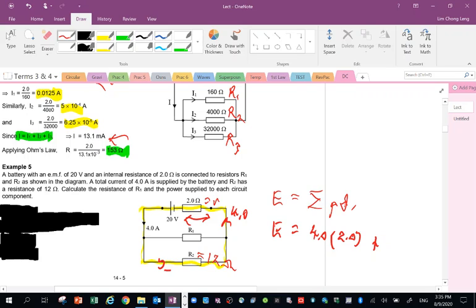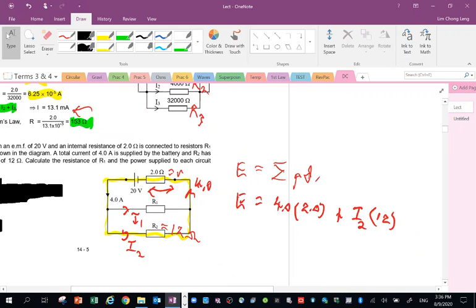This I call I2, and this is I1. Because it's the outer loop, it's I2 times 12, right? And the EMF is given as 20.